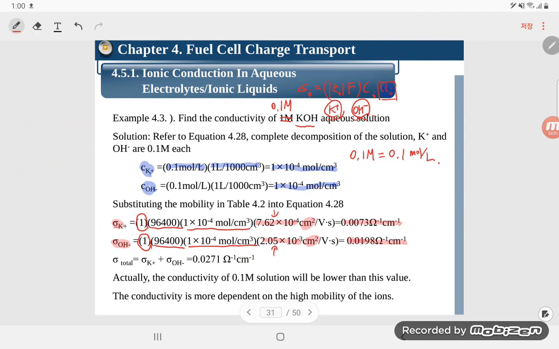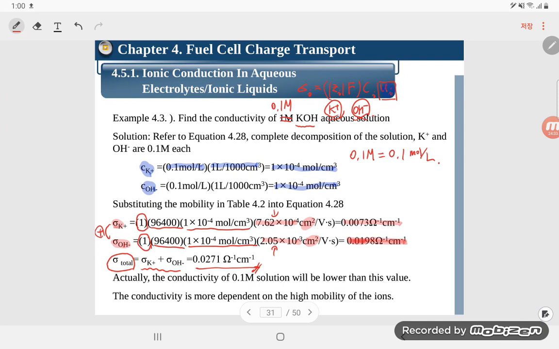Here the conductivity of the hydroxide ion is higher than that of the potassium ion. If you sum up these two values, we get the total conductivity. So finally, we find the conductivity of 0.1 mole potassium hydroxide aqueous solution like this.